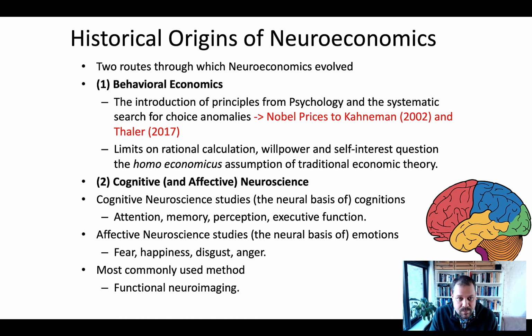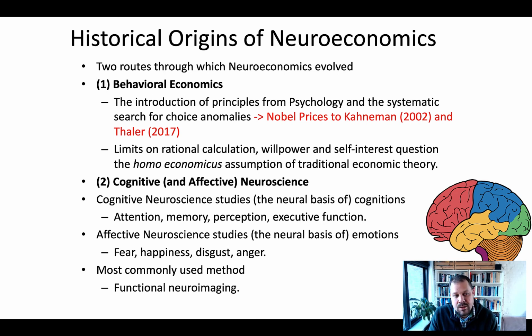Well, having demonstrated now the role of the brain in producing behavior that's also relevant in an economic sense, let's move to the historical origins of neuroeconomics. And there are basically two routes through which neuroeconomics evolved. One route is behavioral economics.